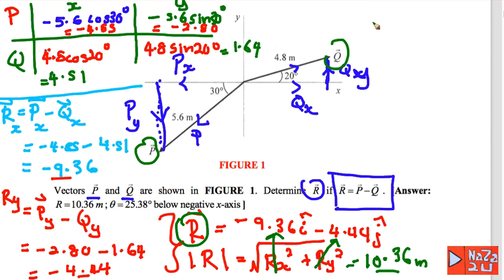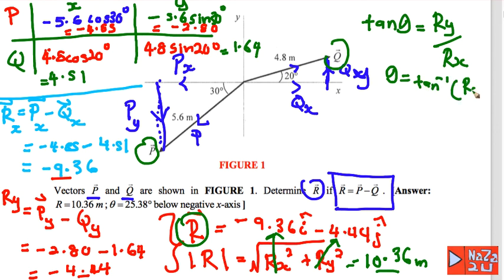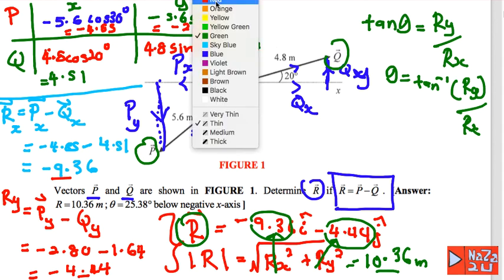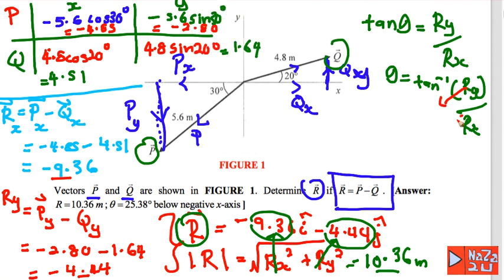You can use the equation tangent theta is equal to Ry divided by Rx. So theta is inverse tangent of Ry over Rx, using the values of Ry and Rx.